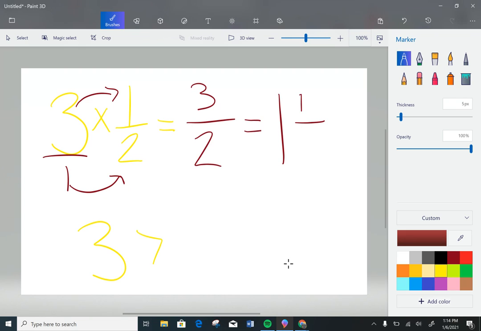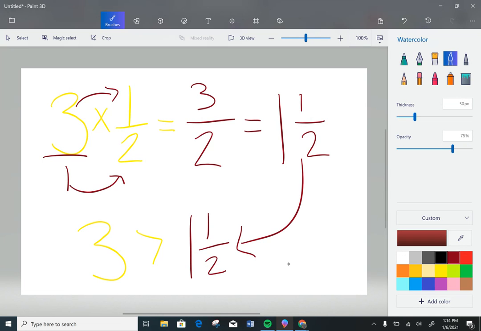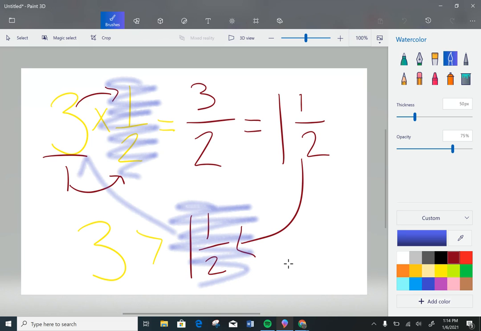If I simplify 3 halves, I get 1 and 1/2. Well, 1 and 1/2 is less than 3. So because 1/2 is less than 1, my answer is less than what I started with.